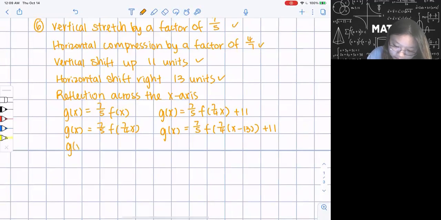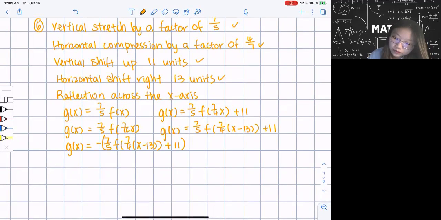So my g of x is equal to negative 7/5, because it's across the x-axis, so I'm putting it in front of the function. Okay, I'm going to write this step out: f of 7/4 x minus 13 plus 11.